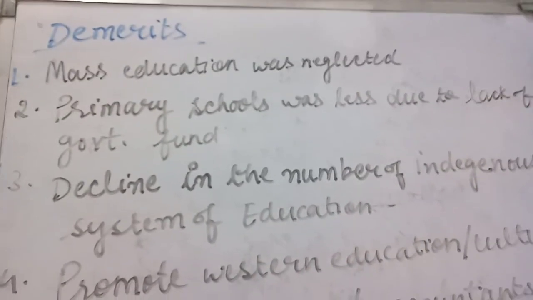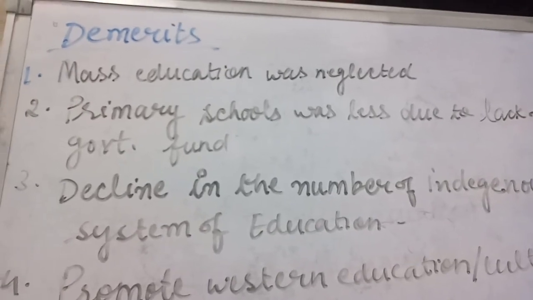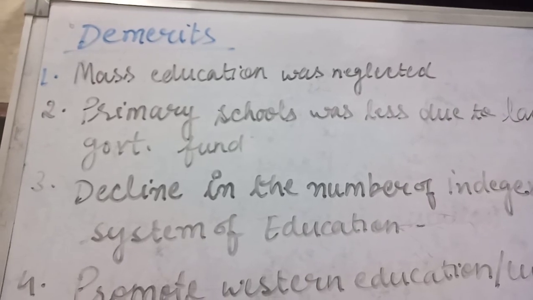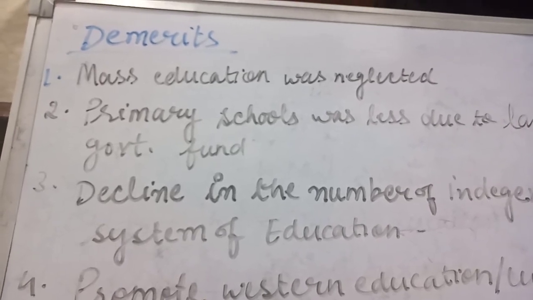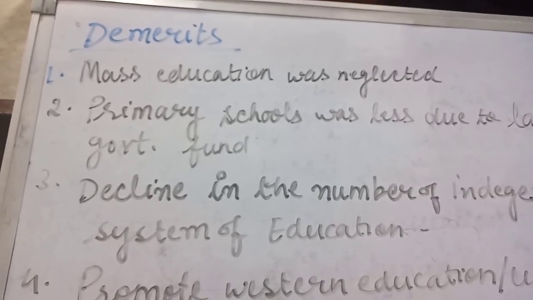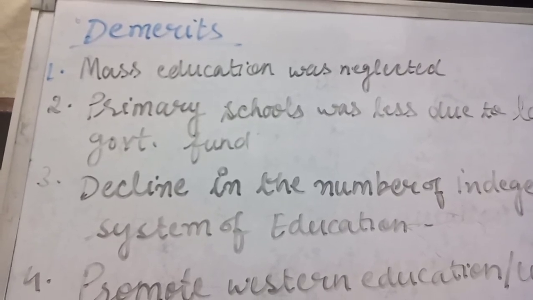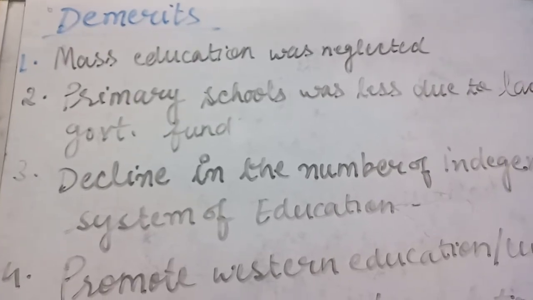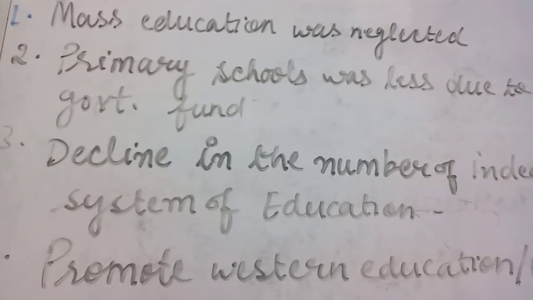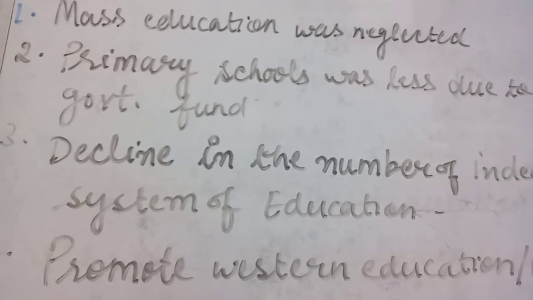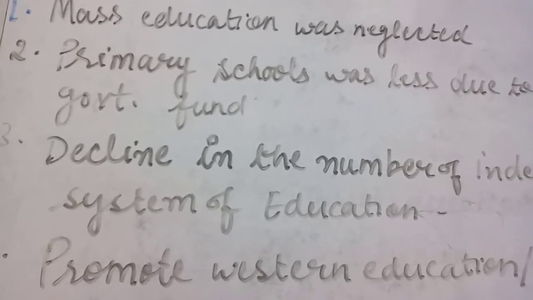The first one is given. This system proved to be a failure because mass education was neglected, and the officials were interested only in the education of a handful of Indians.